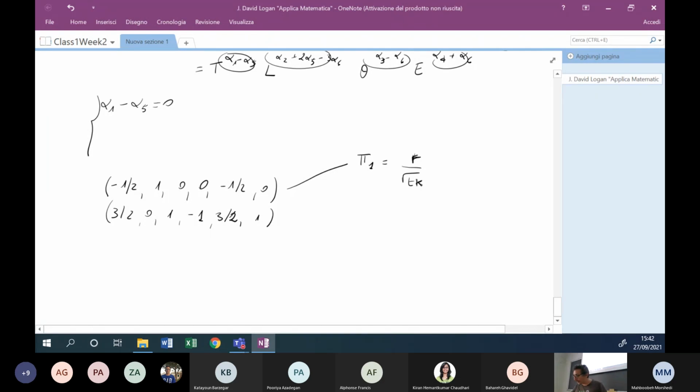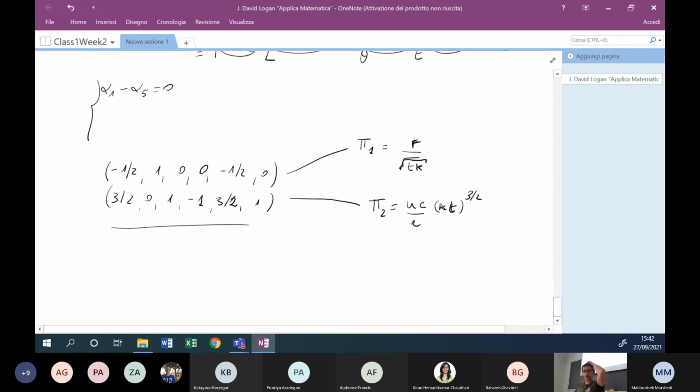So the first dimensionless parameter is pi1: r divided by the square root of t times k. And the second one comes from this expression, pi2, which is going to be u times c over e times kt to the power 3 halves.